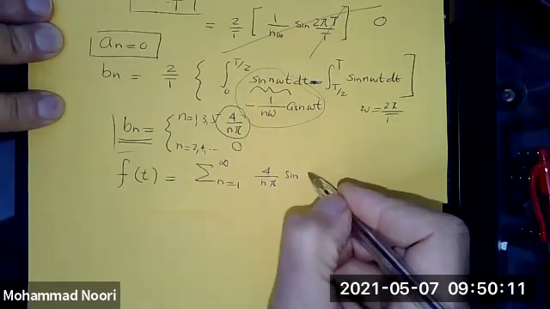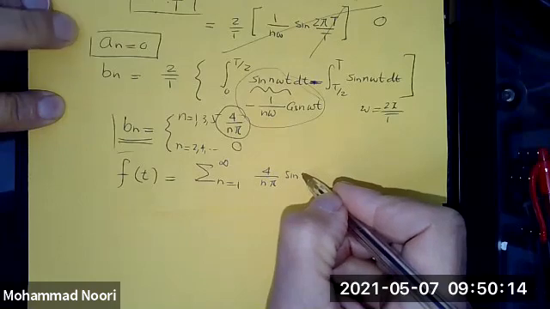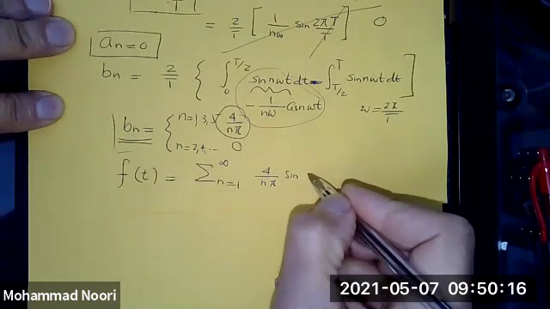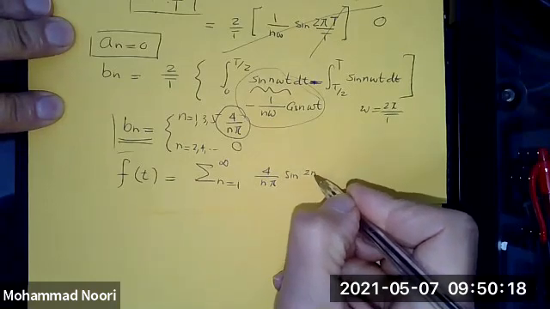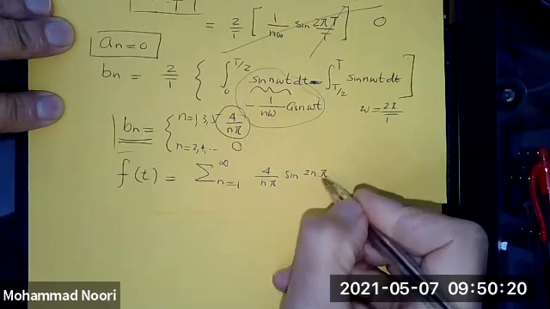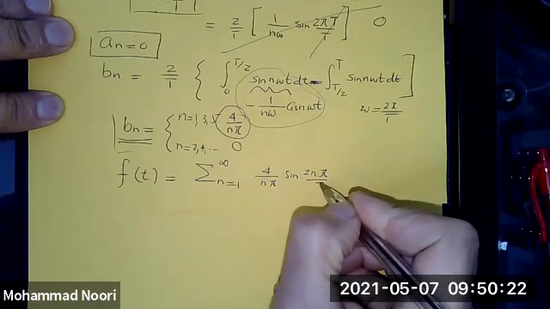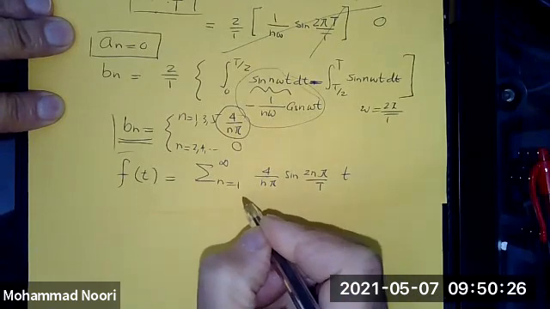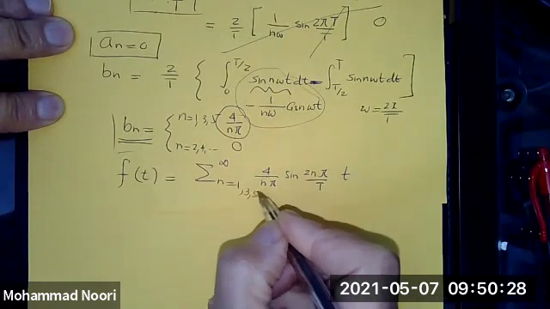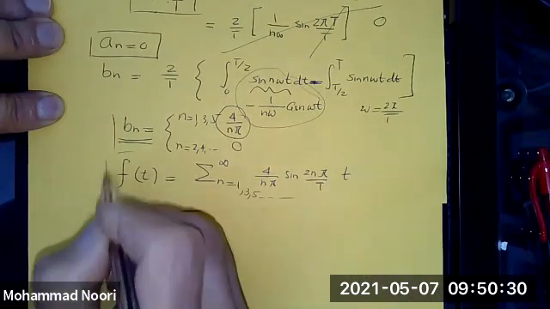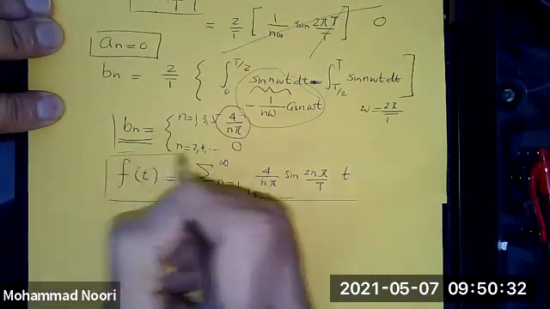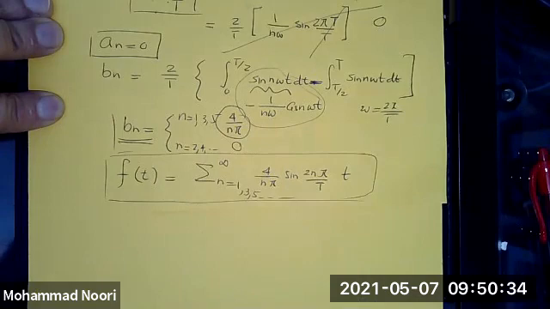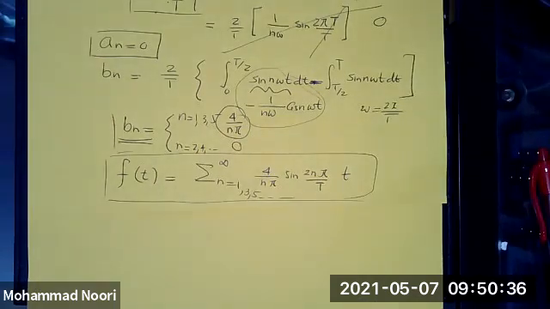I write it in terms of the period, so it would be 2 n pi t over T, where of course n would be 1, 3, 5, and so on. So this is the approximation for this function.